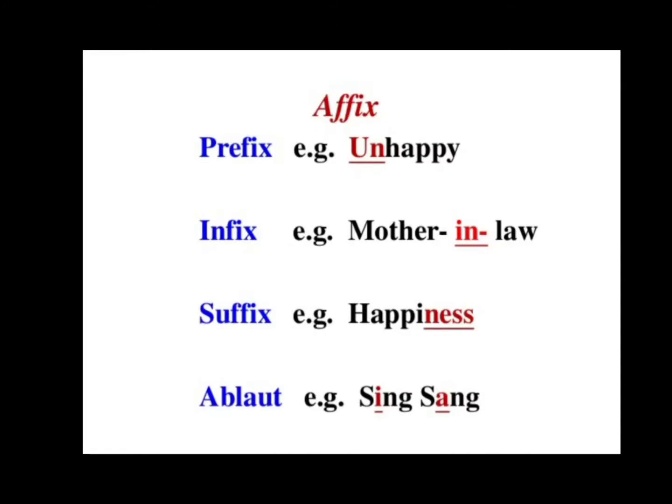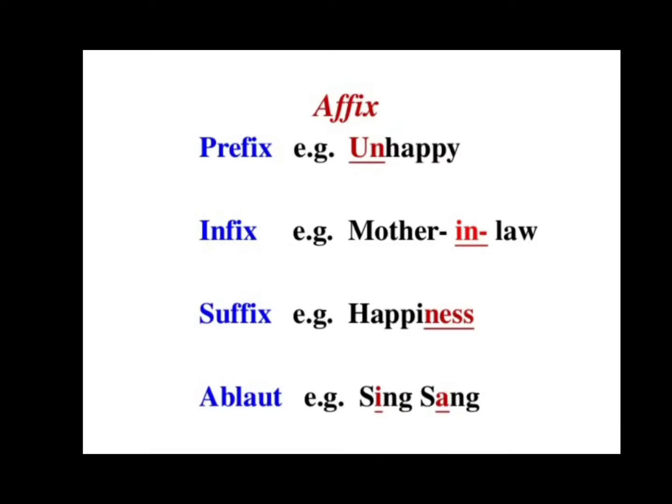What is prefix? Prefixes are attached to the front of words. For example, unhappy. So un is a prefix and happy is a root or base word. What is suffix? Suffixes are attached to the end of the base or root word, like happiness.